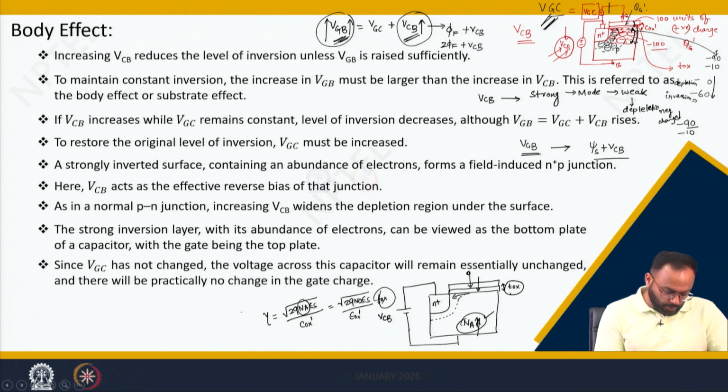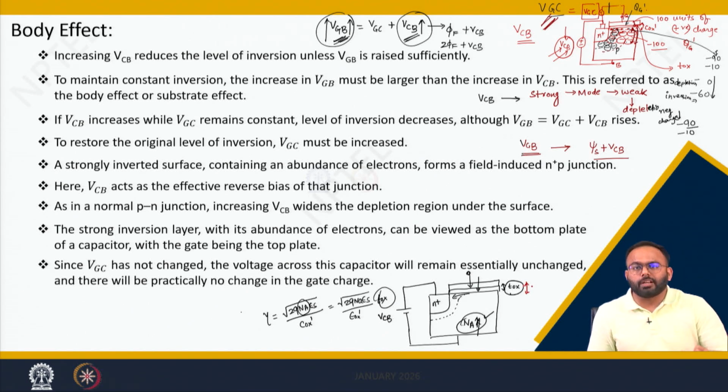So ultimately if you increase the oxide thickness, you are making a weak control of the gate voltage, and hence you require more gate voltage to get the same inversion which was killed by V_CB.